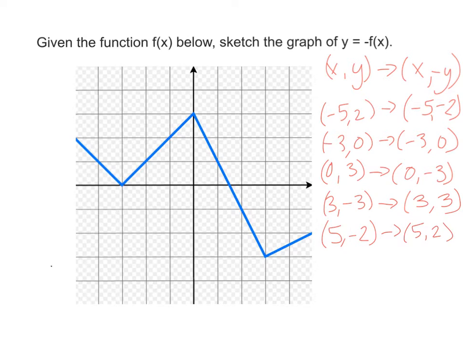So now if I plot those points, the transformed points, I'll get the new function. So I'm going to go negative 5, negative 2, negative 3, 0. Like I said, that's an invariant point. 0, negative 3.